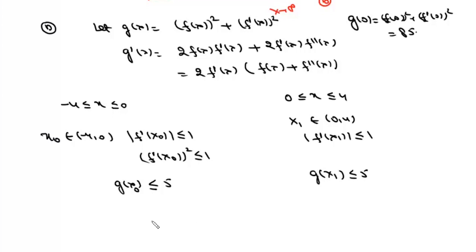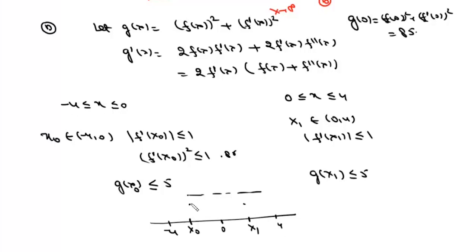Now, if you look at this interval between x0 and x1, which lies between -4 and +4, this function will take some value which is less than 5 and it'll end at a value which again is less than 5, and at 0 this value is 85.